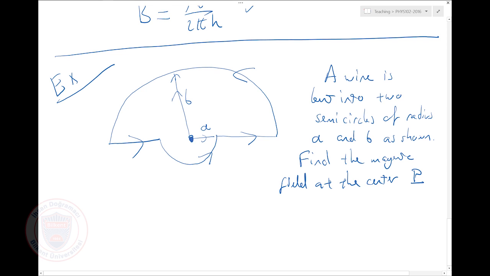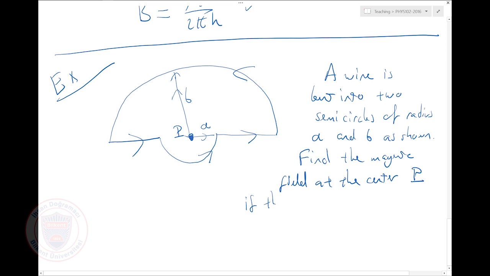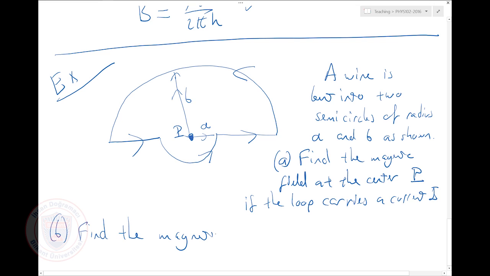So basically this point, if the loop carries a current I. Let's say this is part A, part B. Find the magnetic moment of the loop.